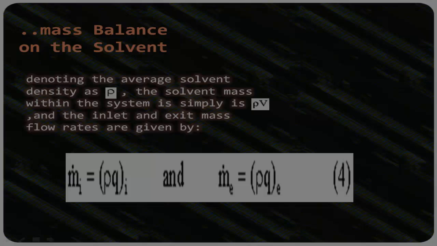These unknowns can be partially resolved by performing another mass balance on the second material species, which is the solvent material. Denoting the average solvent density as rho, the solvent mass within the system is simply rho V, and the inlet and exit mass flow rates are given by Mi equals rho Qi and Me equals rho Qe, which is equation number 4.